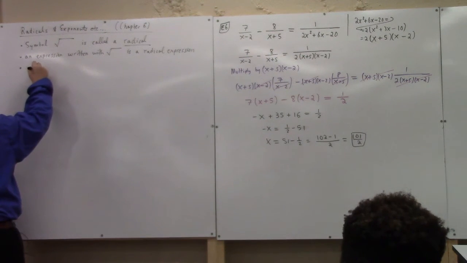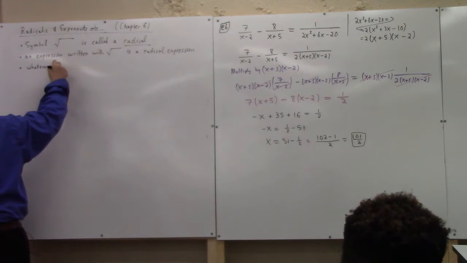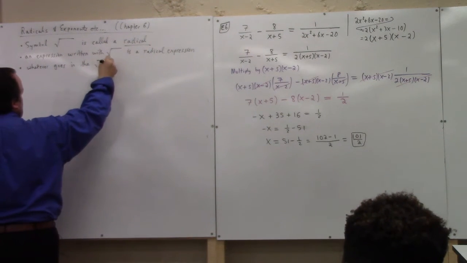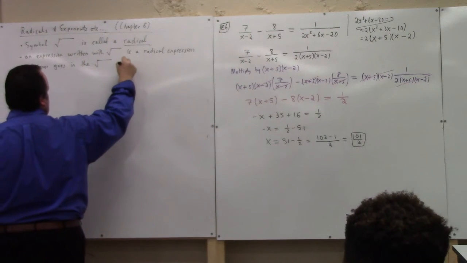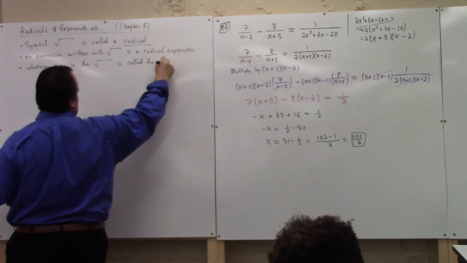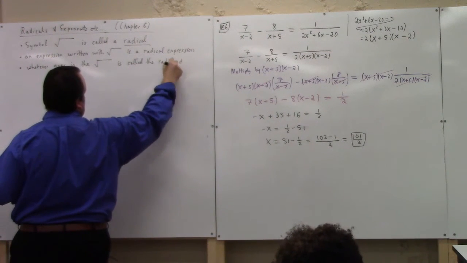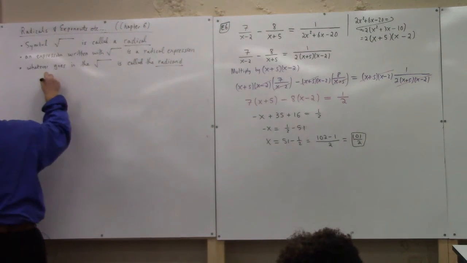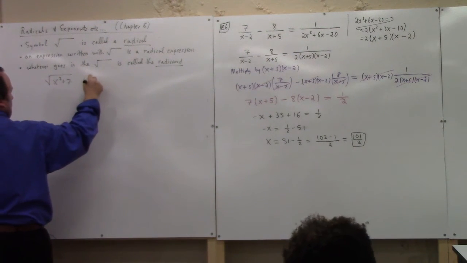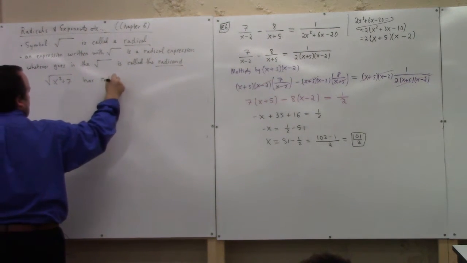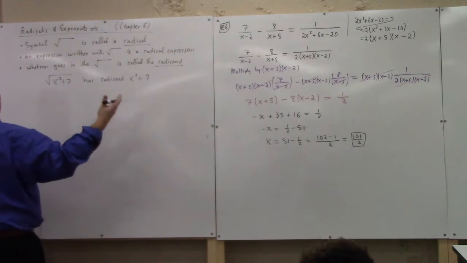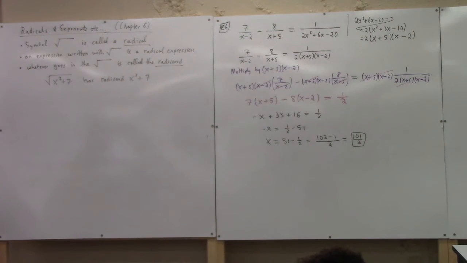Whatever goes inside the radical is called the radicand. So like if I had the square root of x squared plus 7, the radicand is x squared plus 7, for example. Okay?